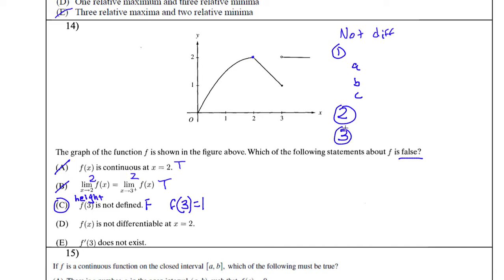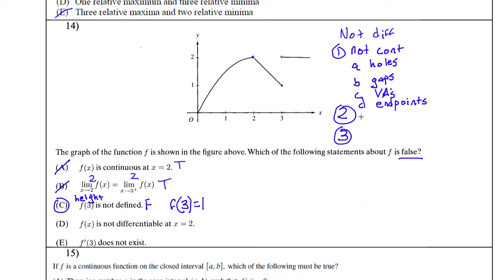The first thing is not being continuous. I should have a D here because there are 4 things that will make you not continuous: holes, gaps, vertical asymptotes, so VAs, and endpoints. So that was the first thing that will make you not differentiable.